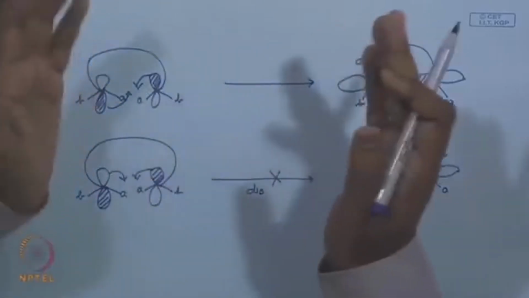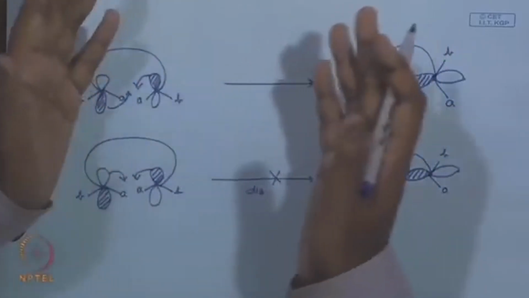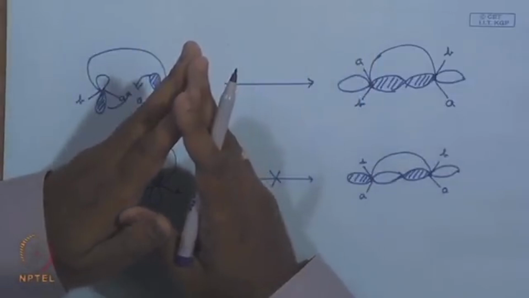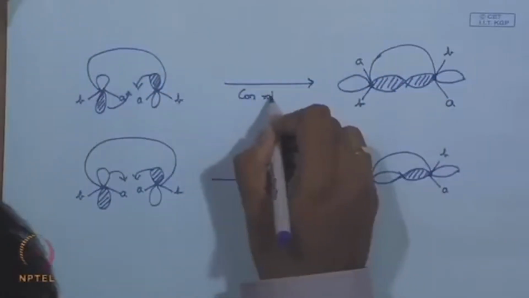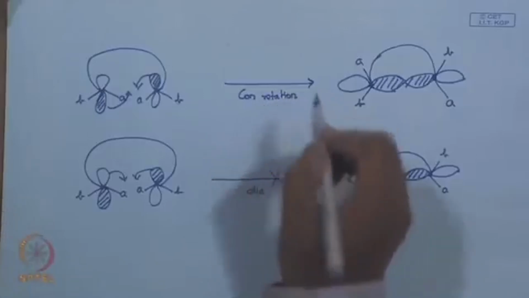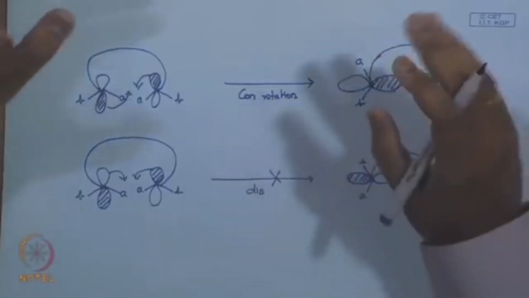So, if you have both anti-clockwise or if you have both clockwise, okay, then you call this rotation as conrotation. Okay. So, this is a more important point to remember. If you have one clockwise, another anti-clockwise, you call them as a disrotation.